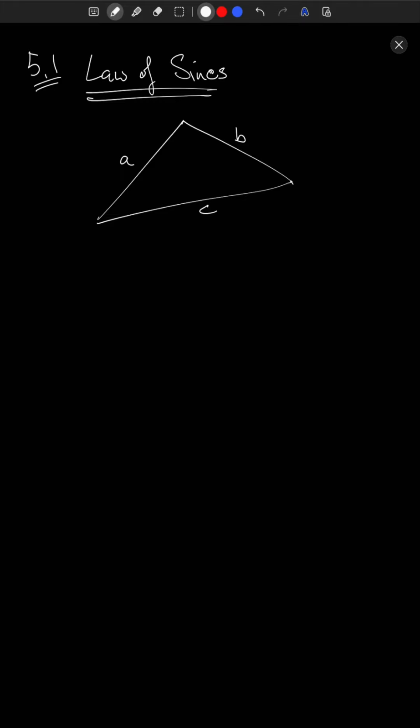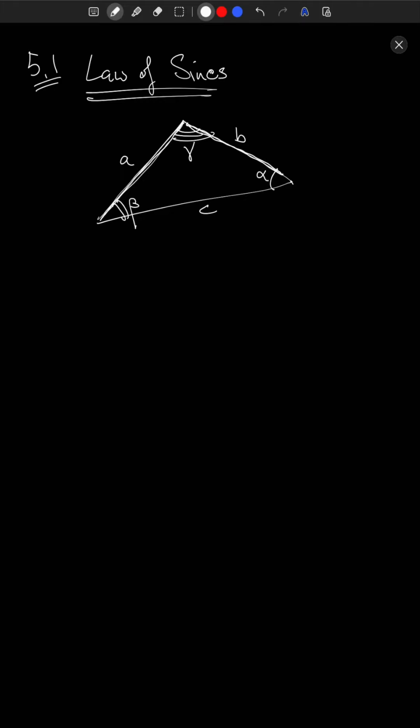And the names of the Greek letters are going to correspond to the side that's opposite to that angle. So we have A here is this length. And so the angle opposite to it, I'm going to call it alpha, right? The Greek A. B is here. So the angle opposite to it, I'm going to call it beta. All right, the Greek B. And then C, the opposite angle, is going to be gamma, which is the Greek C.